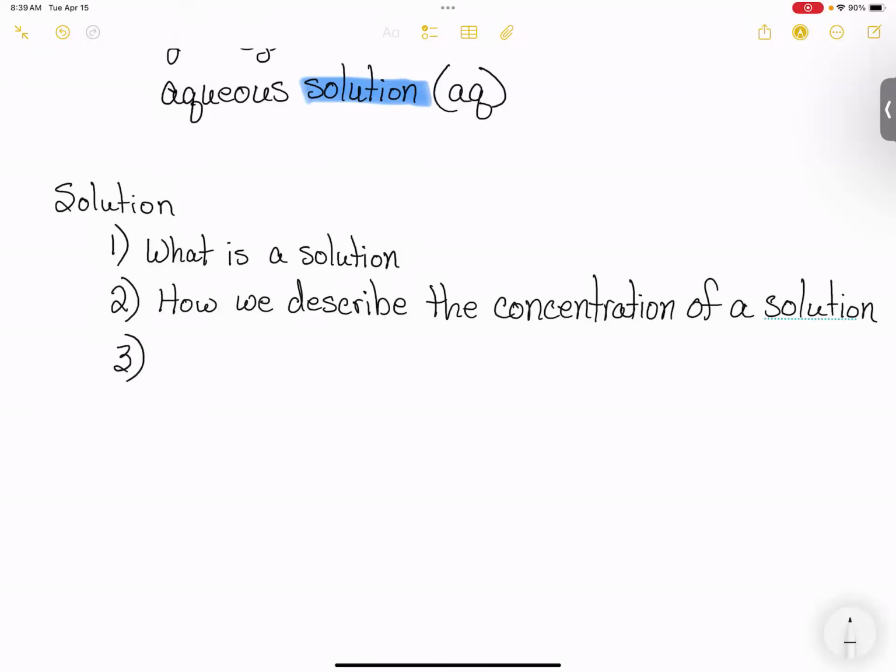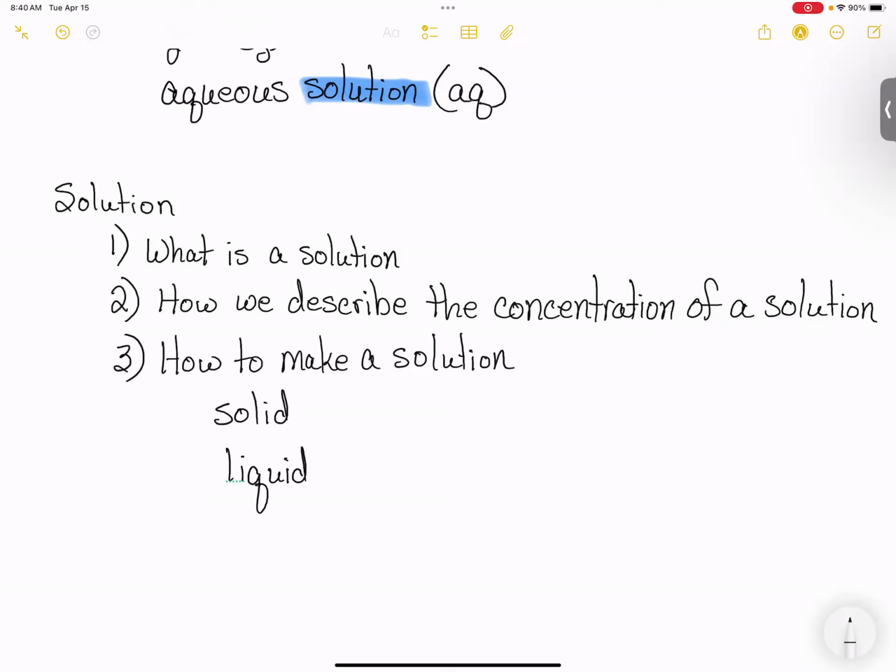Then we're going to talk about how to make a solution from a solid and a liquid. And then lastly, we're going to talk about conversions involving concentration.